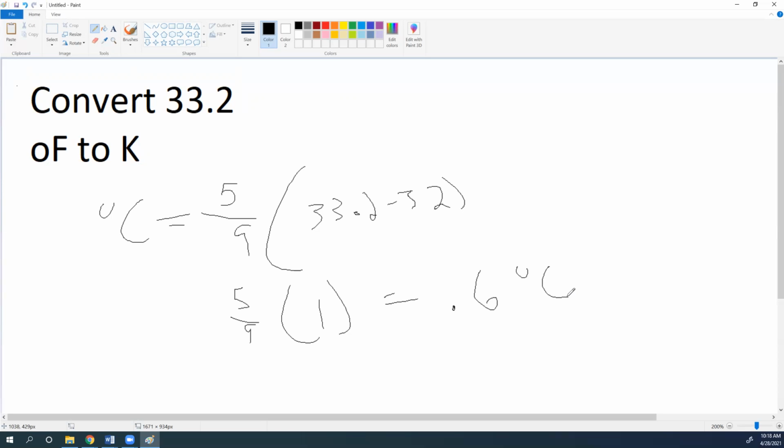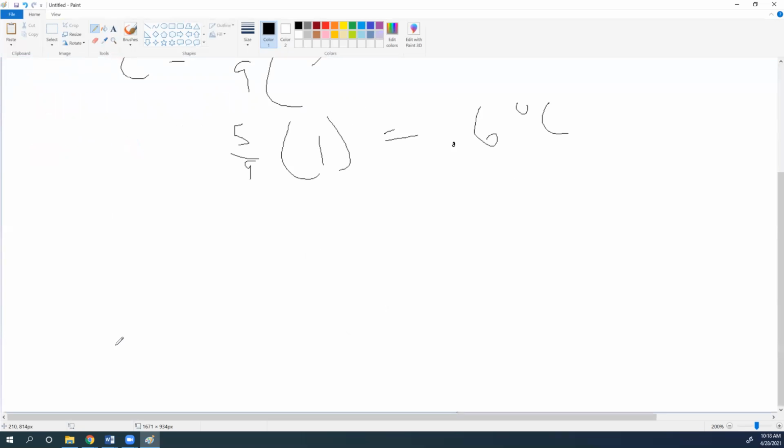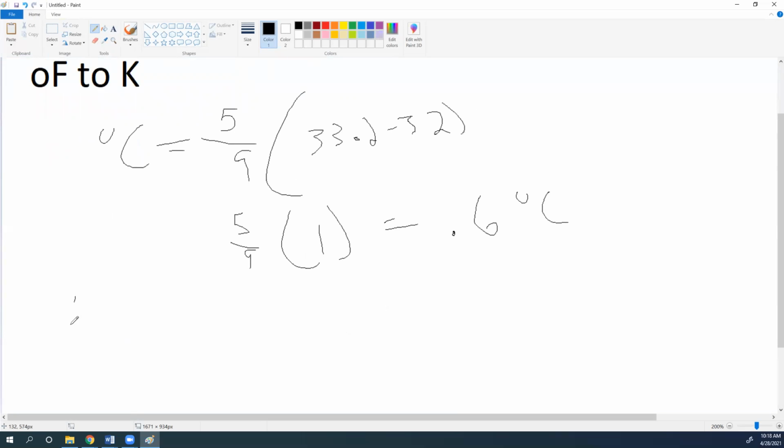So now to go to Kelvin, Kelvin equals degrees Celsius, 0.6 plus 273.15, which gives 273.8. Not degrees Kelvin, just Kelvin.